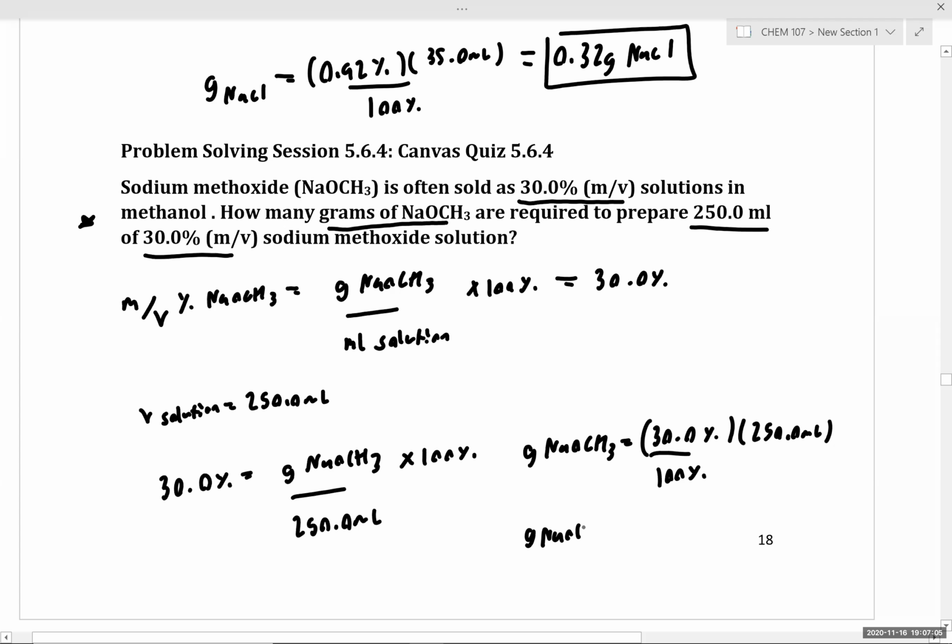So we have 30 over 100 times 250. And that in turn gives us 75.0 grams. Does this question make sense to everyone so far?